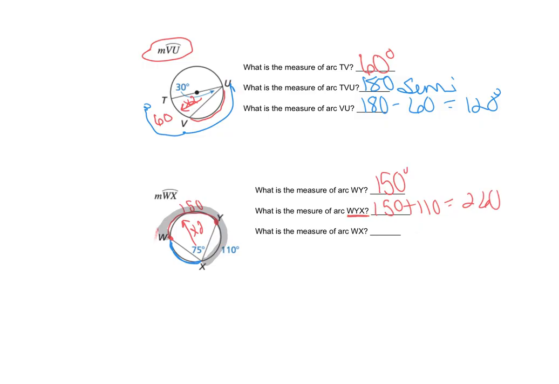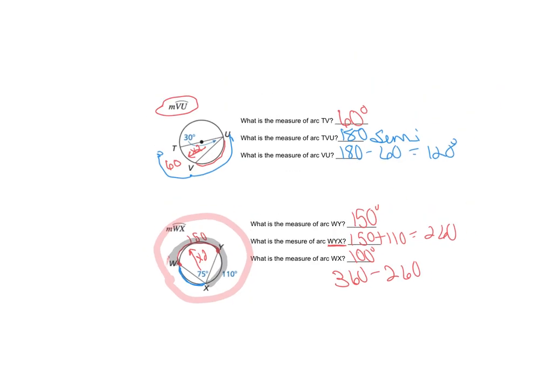We also know that all the way around the entire circle is 360 degrees. And out of that 360 degrees, we know 260 of it. So the remaining part, which is the blue part, is just going to be 360 minus 260, which is 100 degrees. So again, kind of like yesterday, there's not a ton of algebra that we're doing along with this, but we are just looking at angles and figuring out the arcs that go along with them.